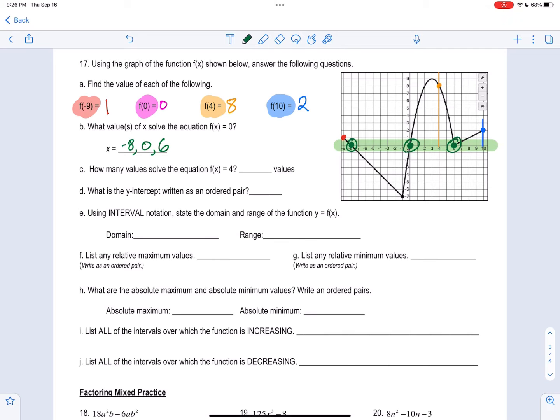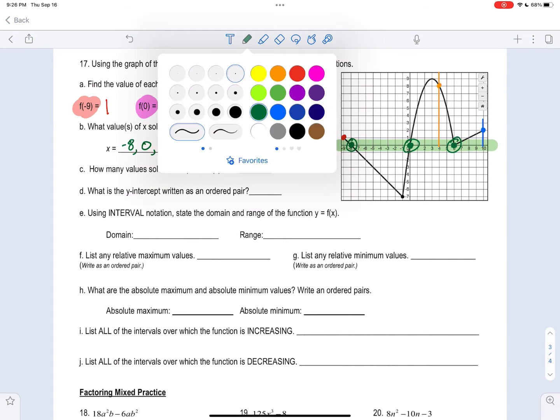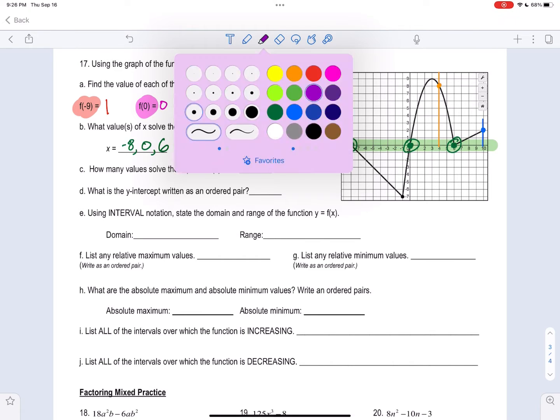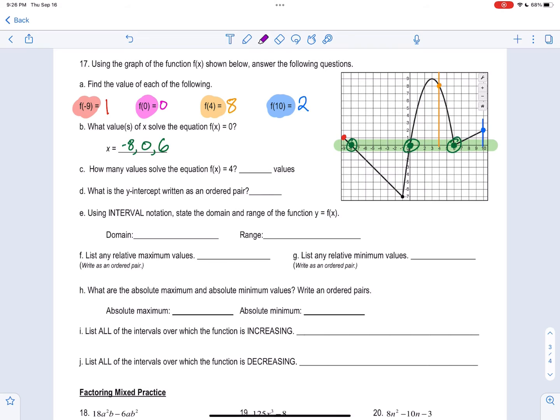And the next question that I'm tasked with is, how many values solve the equation f of x equals 4? So this means how many different inputs will give me an output of positive 4? And to do that, instead of drawing a line across the x-axis, I'm now going to draw a line across the equation y equals 4.